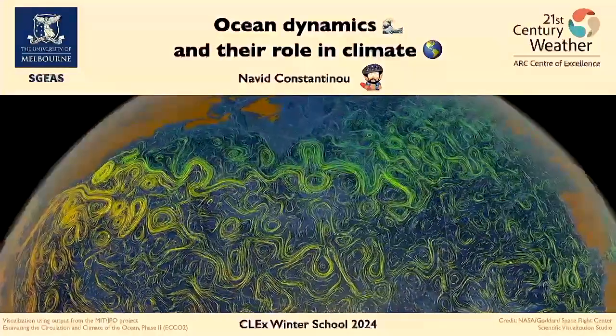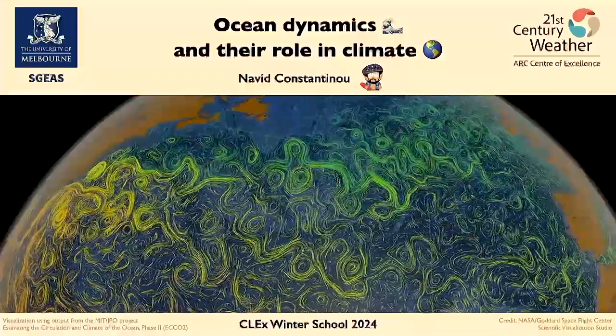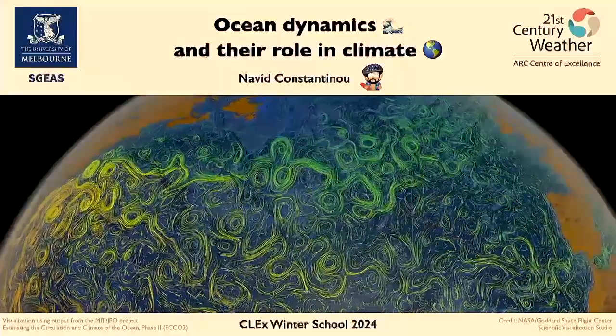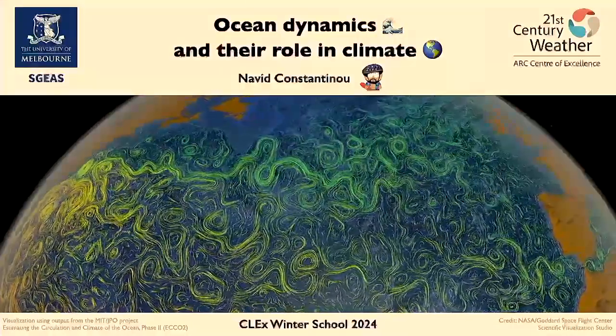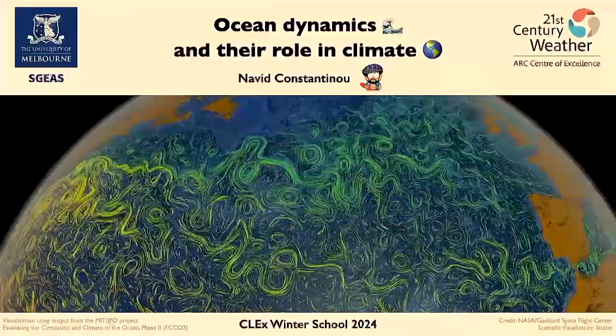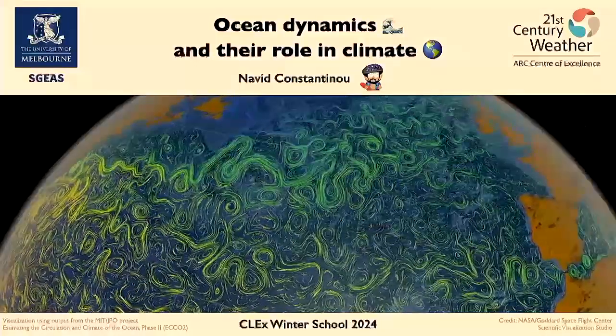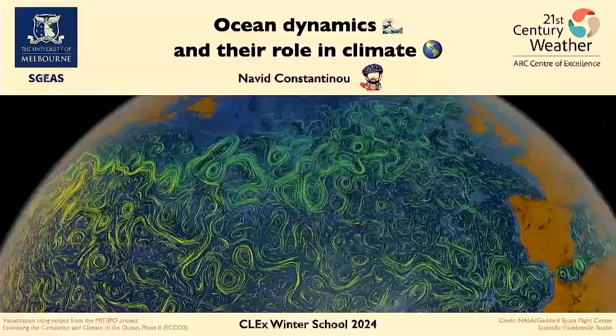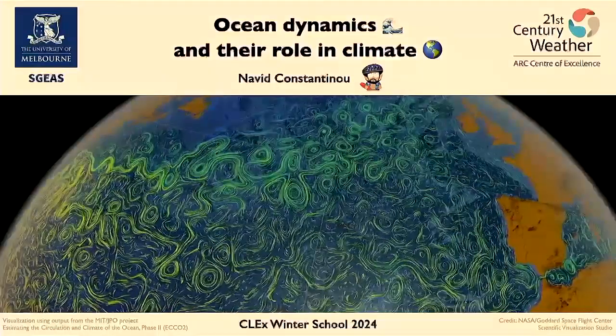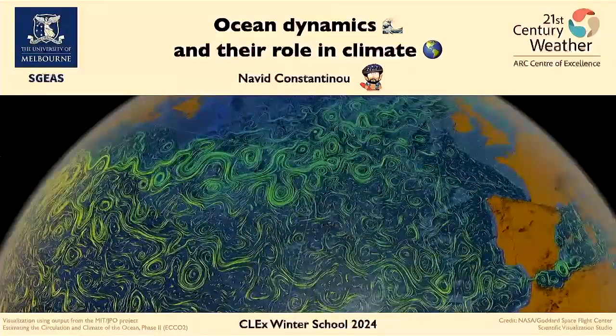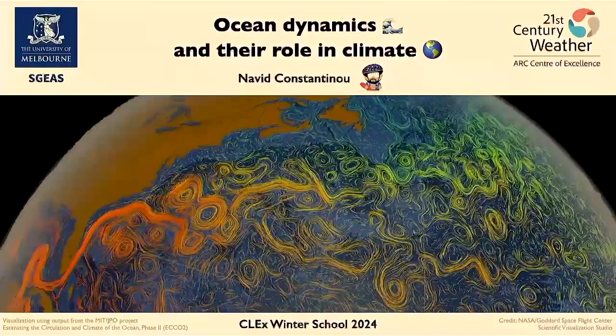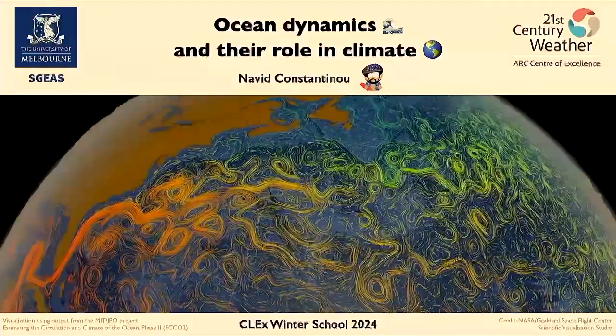So it has all the information from all observations at the time that the simulation was made. As we simulate forward, we nudge the system to go towards the observations, to match the observations where we have observations. So it's as close to reality as possible. And you can see it's full of eddies.